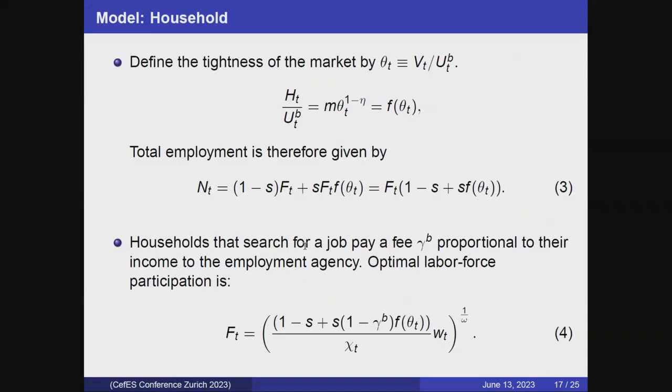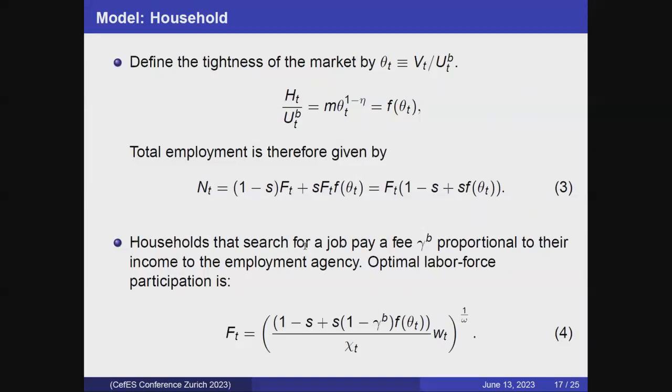Okay, so at the end of the day, employed people are going to be the ones that are attached, they start out working, 1 minus S F_t of the labor force, plus S F_t, which are the ones searching, times the probability of getting a job. Okay?